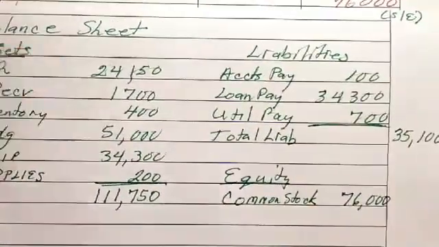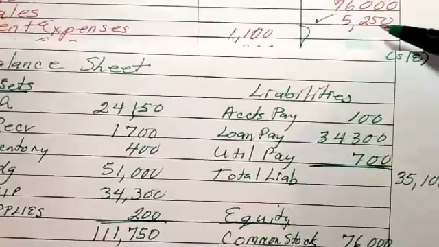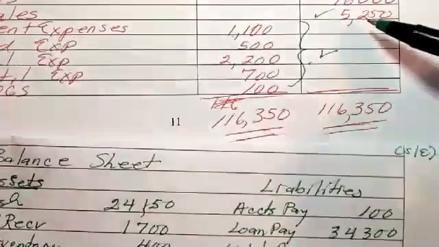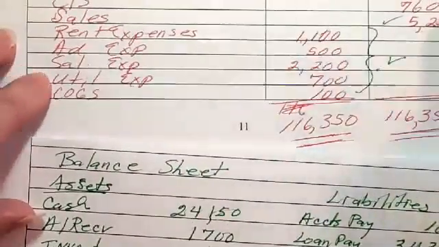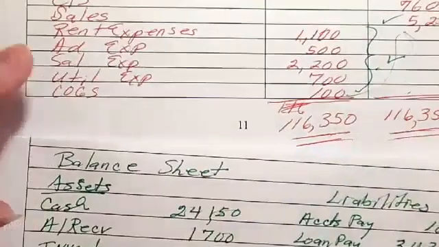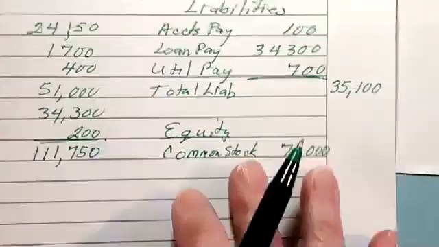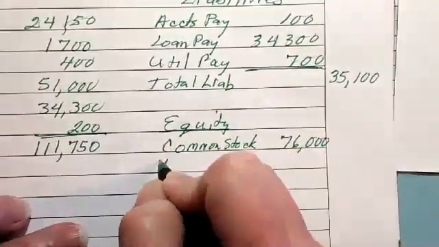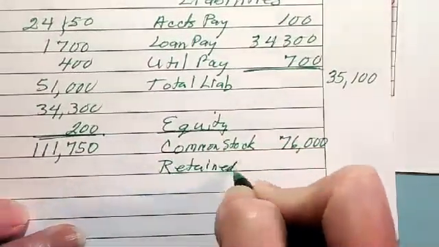And this is where, you notice this other one, I've already taken the sales and the rent expense and all this. I've already done that in my income statement. So I don't want to do that again. All I'm going to do is move underneath common stock. I'm going to put my retained earnings.